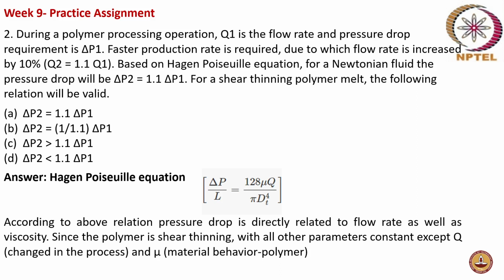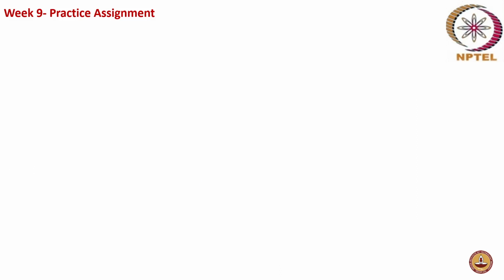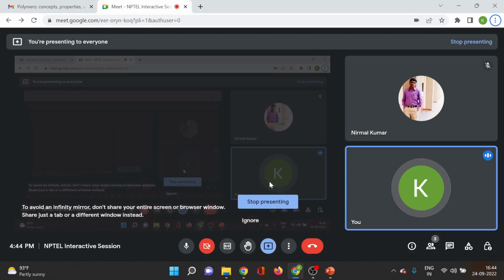The second is that because of the material behavior, the viscosity is going to change; the material is going to thin out due to the flow. Because of these two parameters, the flow will be more, and delta P2, the pressure drop required for the fluid to flow, will be less than 1.1 times of the old pressure drop. Okay, that's it. You're able to get it, right? Yes, ma'am.